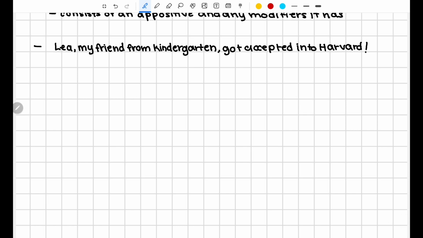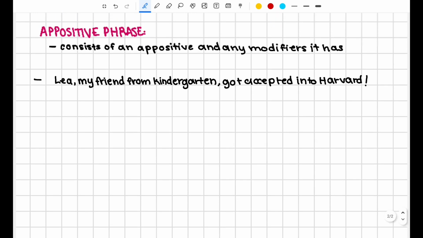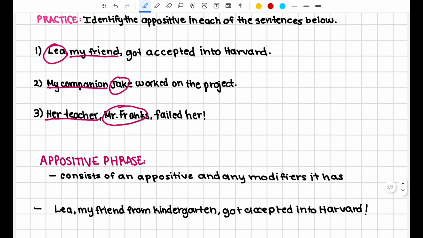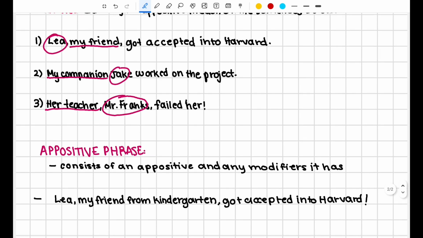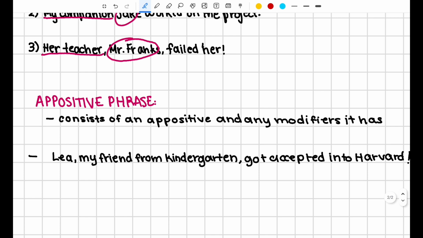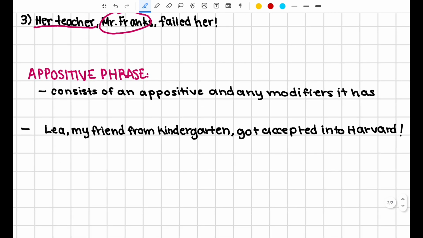For instance, we have the same example that we had in the practice about Leah, my friend, except we added some stuff after my friend, and we identified the appositive as my friend. So now we just have to identify any modifiers.